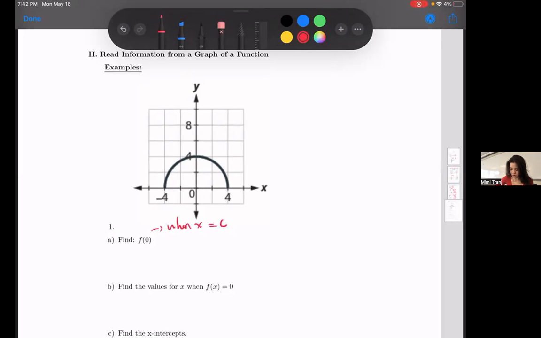Remember, f of x is y, the same notation, it means the same thing. You can look at the graph. When x equals 0, what is the height? Remember, y is your height, x is your width. When x equals 0, the height looks like 4. So when x equals 0, y is 4. So f of 0 is equal to 4.